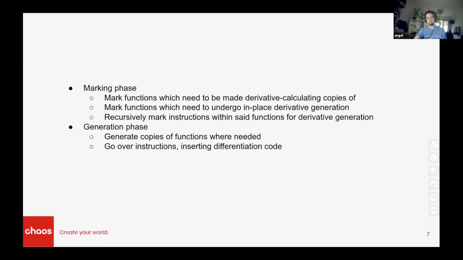And later we have a second phase which does the actual insertion of derivative generation code, and it generates copies of functions which need a separate gradient computing function. I'll show you when this need arises in a few slides.